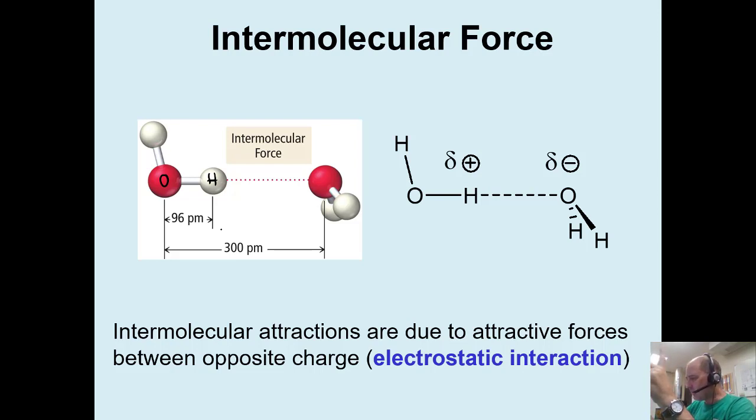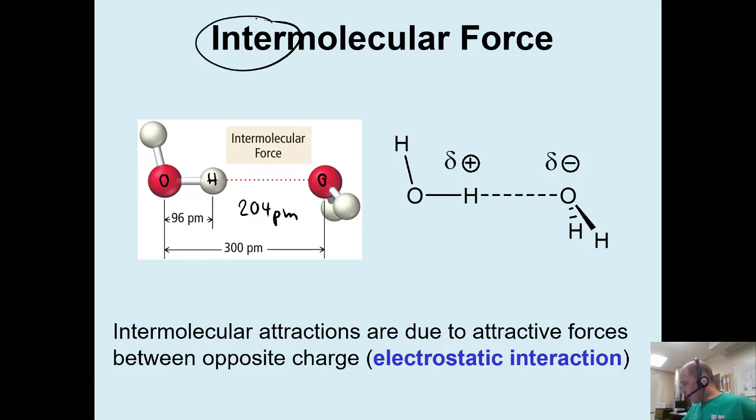And the intermolecular distance between non-bonding oxygen and hydrogen here, which is the red dotted line, you have to subtract the 96 from the 300, is 204 picometers. So that's quite a bit longer. It's almost twice as long, but nevertheless, there is an interaction there. So we have this dipole, and for an intermolecular force, a force between atoms of non-bonding molecules, it's actually fairly strong, right?